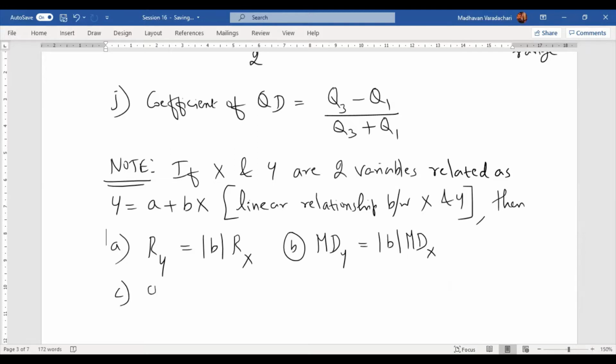Similarly, standard deviation of y can be calculated as modulus of b times standard deviation of x. Similarly, the last one, quartile deviation of y can be calculated as modulus of b times quartile deviation of x.